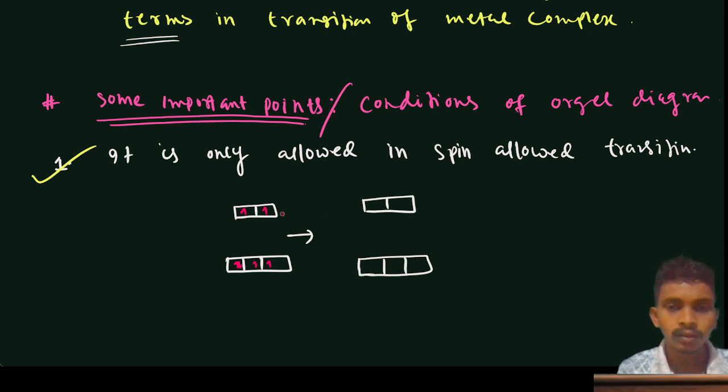Now I want to do a one electron transition. If I do the transition here, then the spin is allowed. If I transfer the electron here, we will get this one, and this is already like this, so this is spin allowed. So this type of transition is possible: spin allowed transitions.